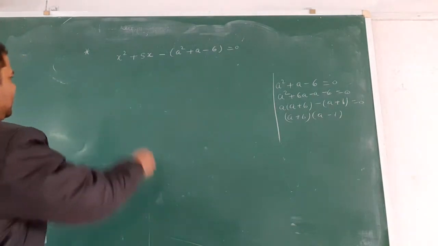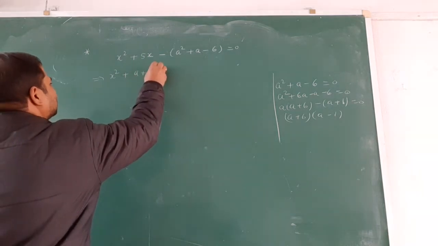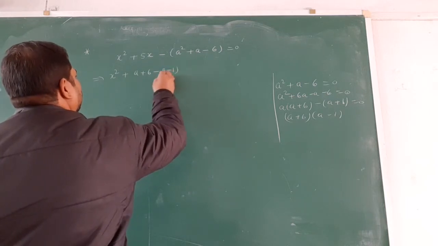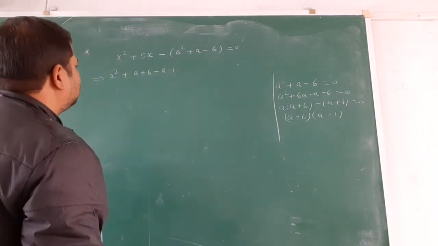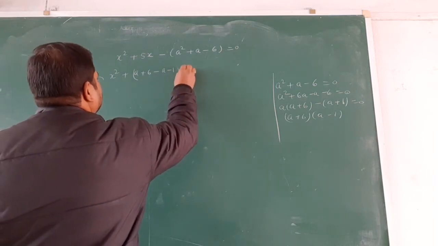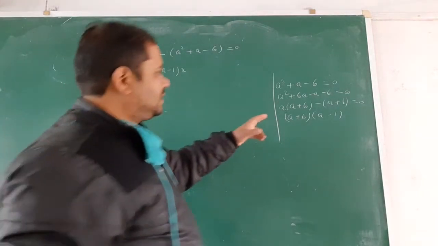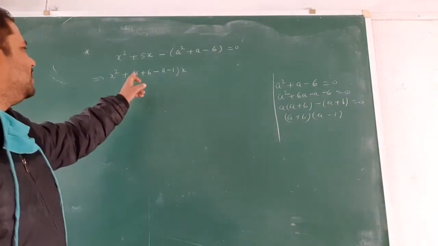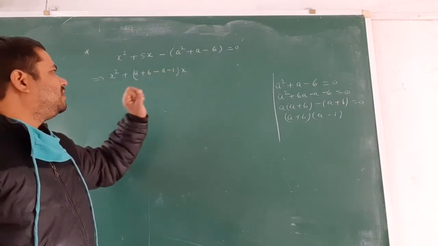So simply you can write this as x square plus 5x minus (a plus 6)(a minus 1), and this is nothing but x, clear? a plus 6 and a minus 1. If you multiply this one, a plus 6 and a minus 1, you will get what?